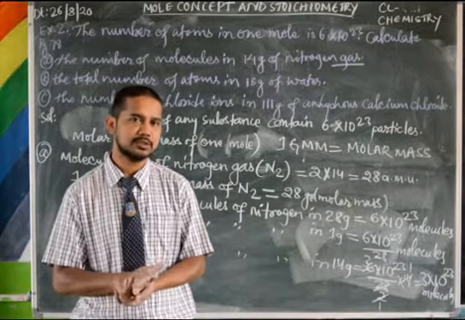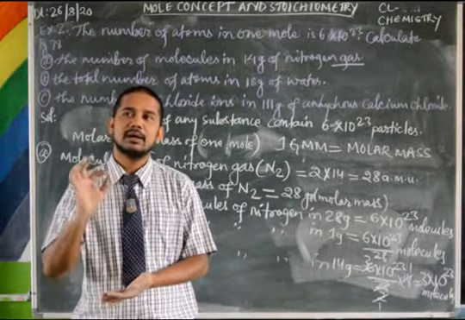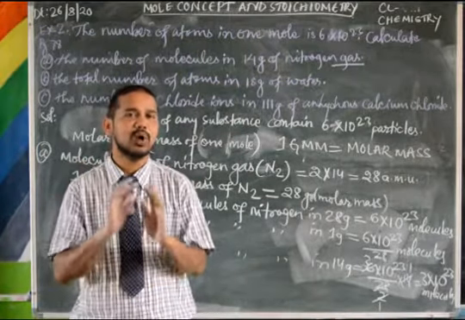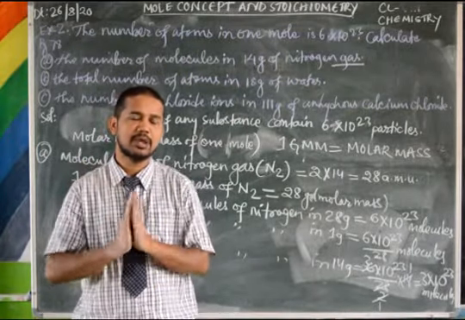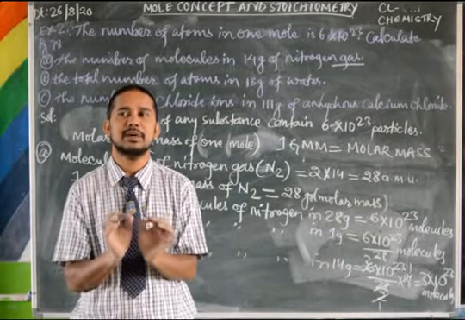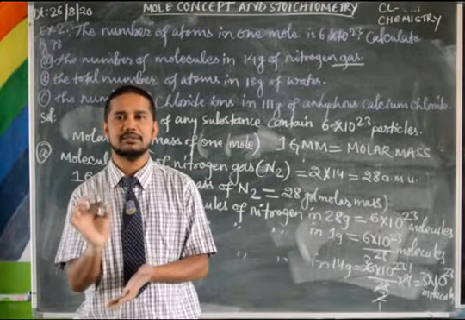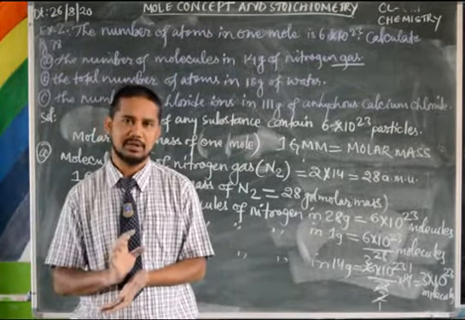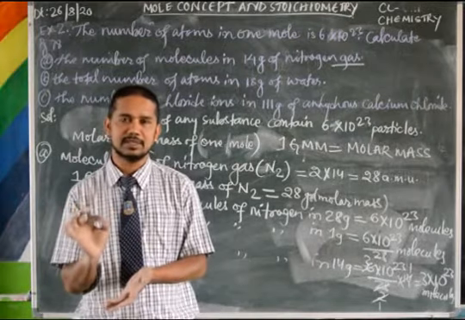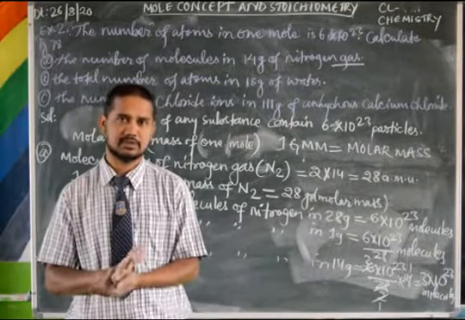Molar mass is the mass of 1 mole. Relative molecular mass is the mass of a molecule. Molar mass is the mass of 6 into 10 to the power 23 molecules.